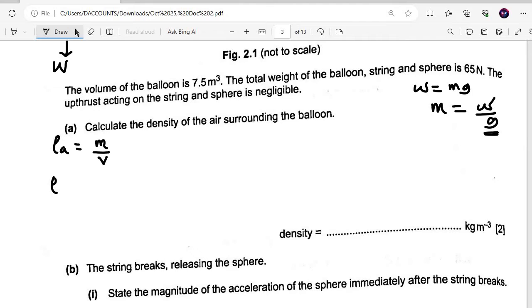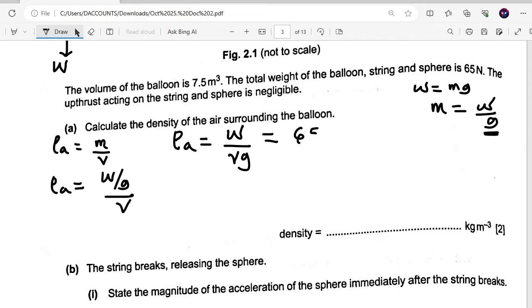So density of air is weight over g all over volume, which is weight over Vg. The weight is 65 Newton, the volume is 7.5, g is 9.81. Density is 0.88. That's it.